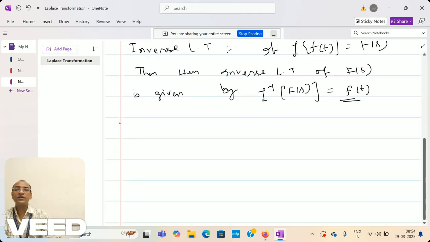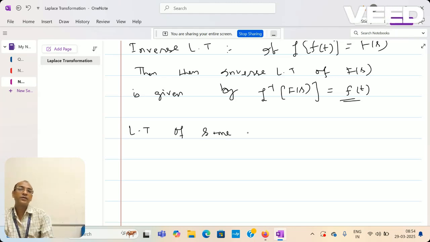Now let us discuss the Laplace transformation of some standard functions, which will be useful for the upcoming topics. Let me start with the first: let f of t equal to 1.